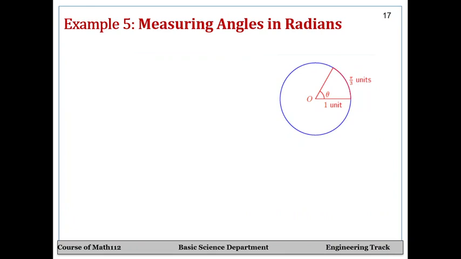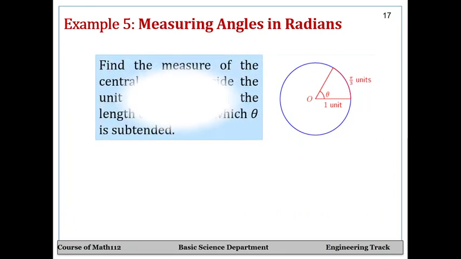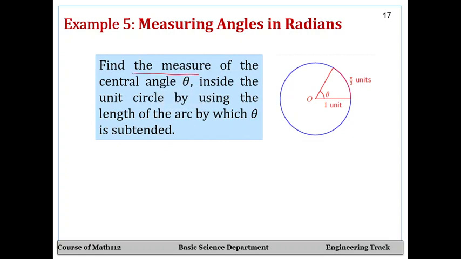So now let's try to understand this. Let's look at this example. Find the measure of the central angle theta inside the unit circle. This is the central angle, here inside the unit circle. By using the length of the arc by which theta is subtended, we want to find this angle theta. The only thing you have to pay attention to here is r should be equal to 1.